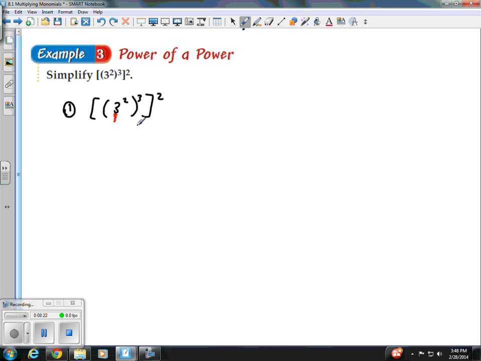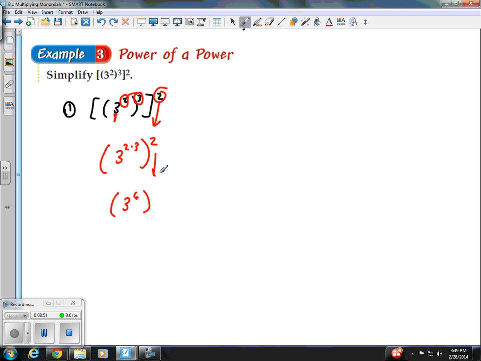I don't have any variables, and then it has a power. A power that's being raised to a power, they get multiplied. So it's going to be 3, and then the exponent of 2 times 3. And then I can't forget that 2 on the outside; it has to drop down. So 2 times 3 is 6. So it's going to be 3 to the 6th power.